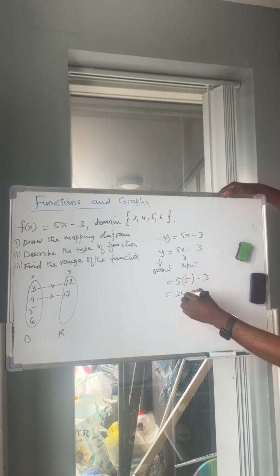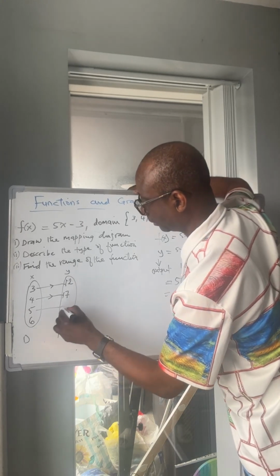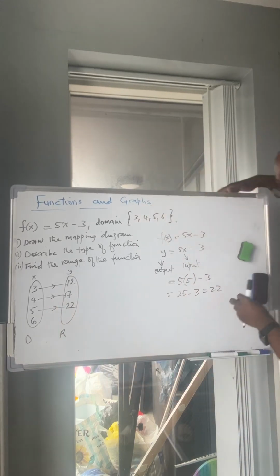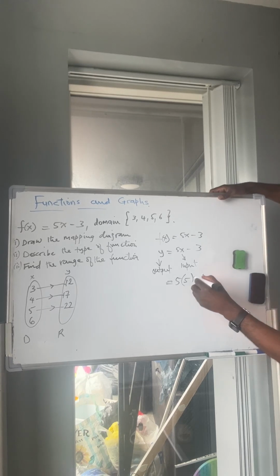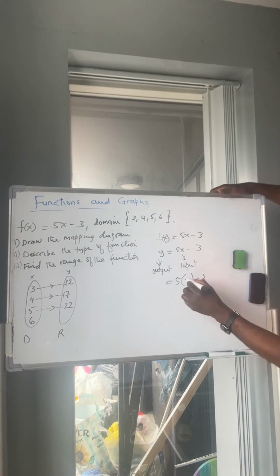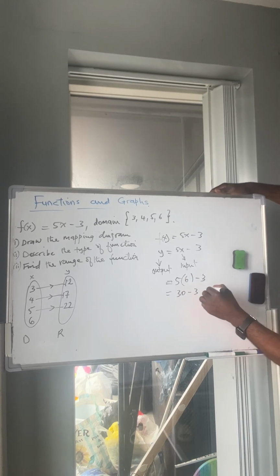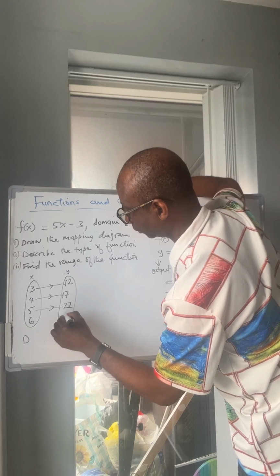This will give you 25 minus 3, which is 22. So 5 will map to 22. What if now we have 6? 5 times 6 is 30, minus 3 is 27. So 6 will map to 27.